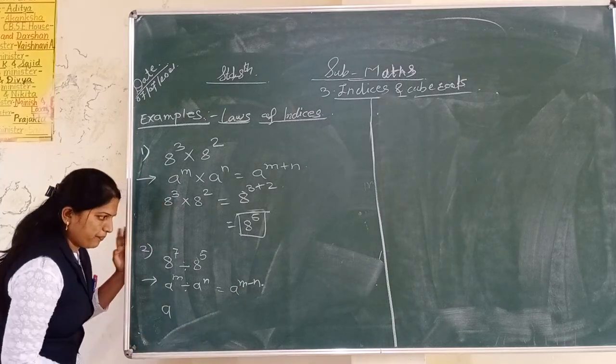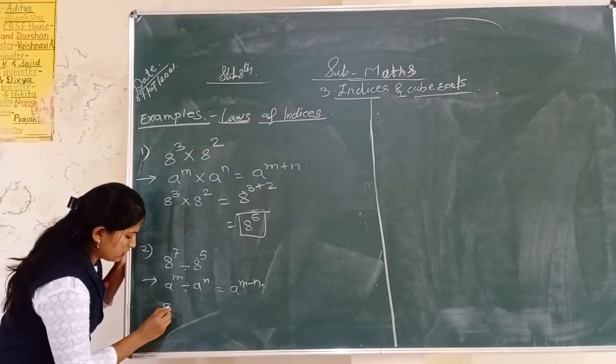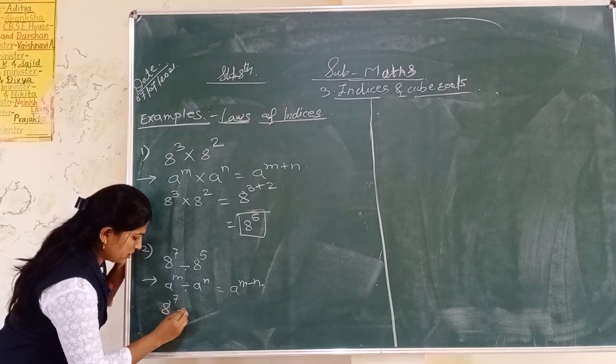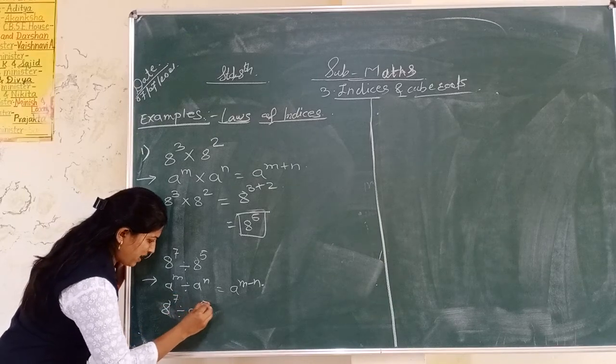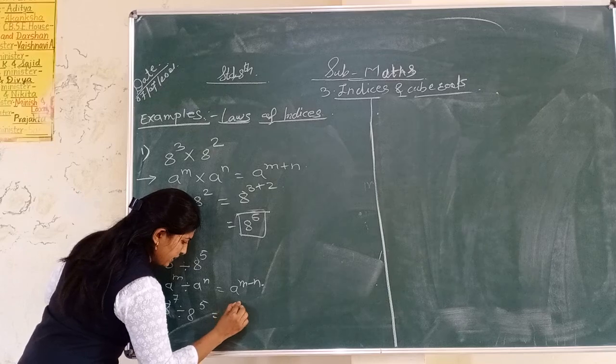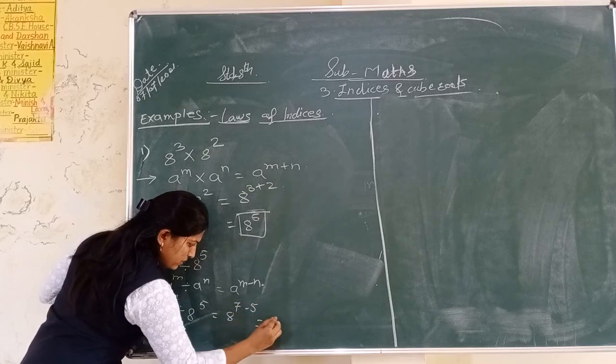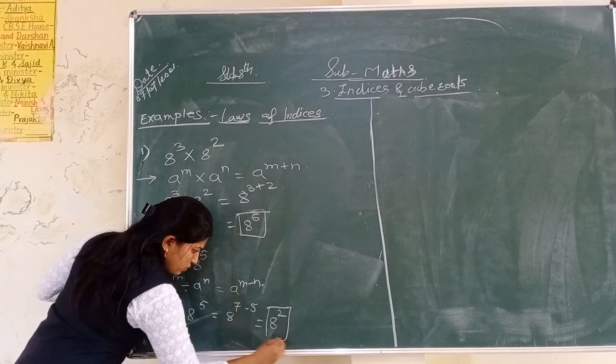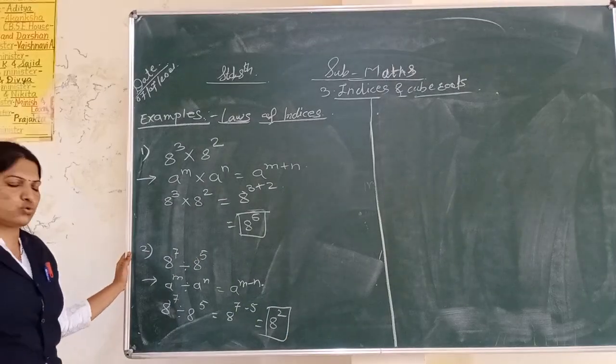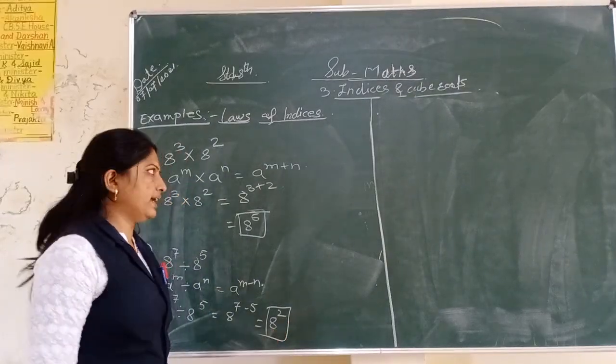So 8 raised to 7 divided by 8 raised to 5 equals 8 raised to 7 minus 5, equals 8 raised to 2, or square of 8.